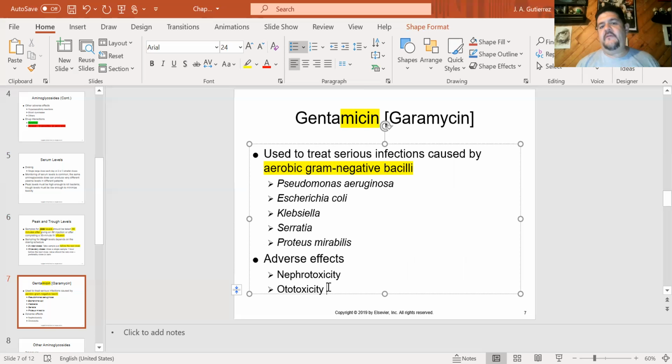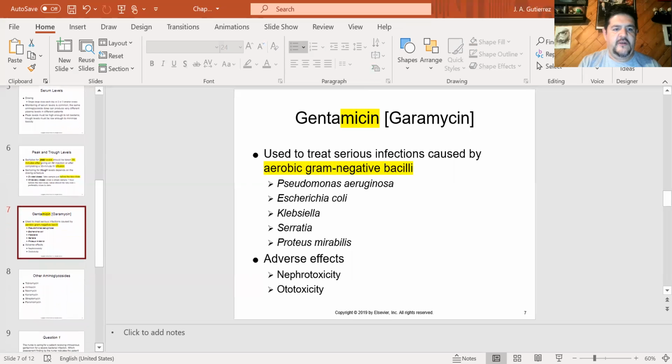Now, if the patient already has kidney problems, if the patient already has ear problems, or is taking a medication that produces flaccid paralysis, then aminoglycosides are contraindicated. So be very careful with those types of questions.